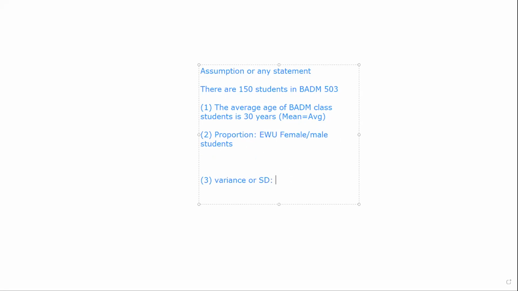Variance, similarly, I can say the variance of EWU students' age is, let's say, 9 years, or I can say the standard deviation of EWU students' age is 3 years, because the square root of variance is standard deviation.